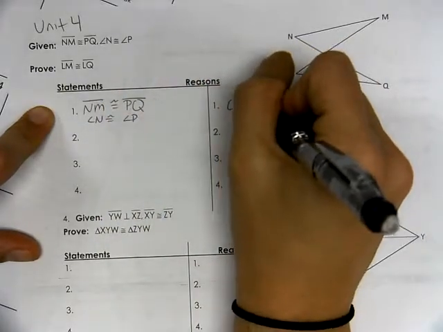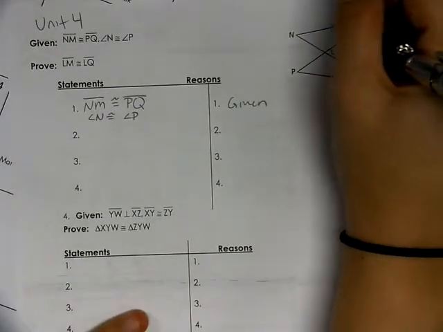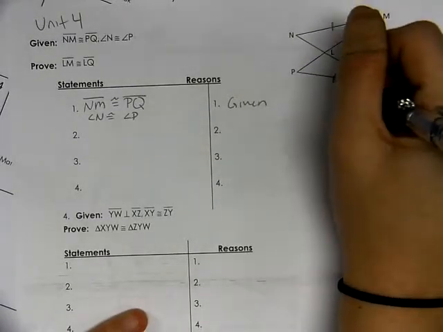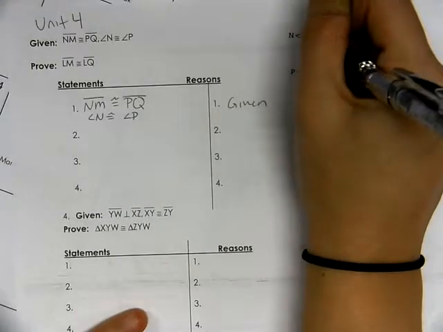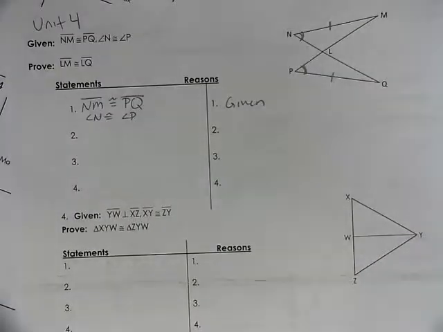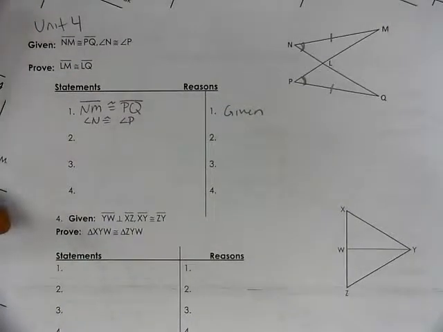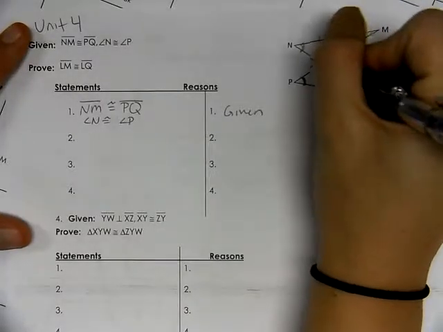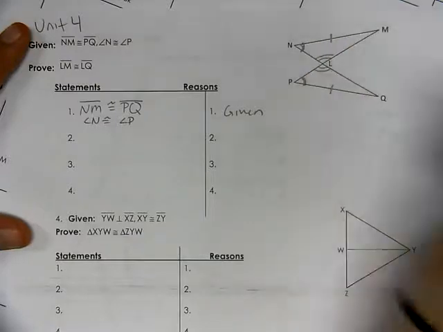That's all given. So remember, when you're doing this with the Unit 4, make sure you kind of mark up your diagram. So NM, PQ, angle N, angle P. So I have two things. What's my third thing that's congruent in this picture? You see the set of vertical angles with angle L?